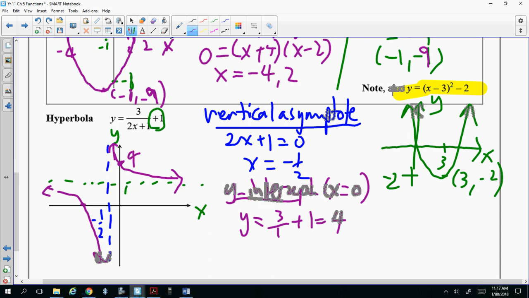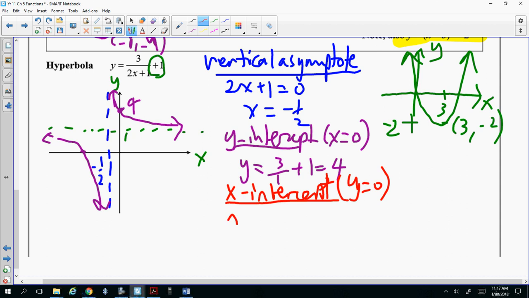That's when y is 0. And you get a slightly harder equation to solve: 0 equal to 3 over 2x plus 1, and then you move the 1 over, which is -1 equal to 3 over 2x plus 1.